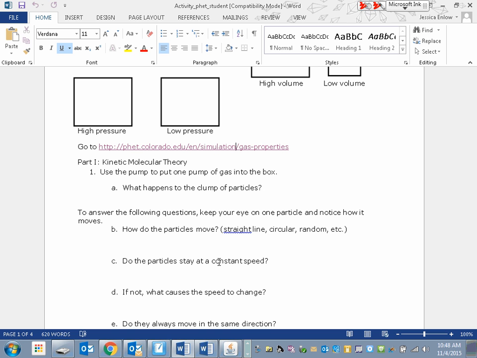Do they always move in the same direction? No. Never mind. Not because they don't change. Collisions.